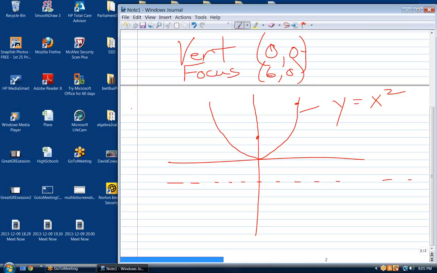We come up with a new standard format for it, which I'm not positive your school necessarily uses, because some schools don't use this. There's your standard formula. P is this distance from the focus to the vertex, and it's also the same distance to the directrix from the vertex in the opposite direction. Okay?